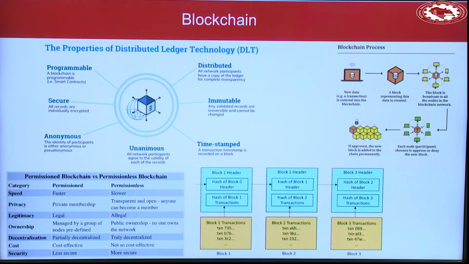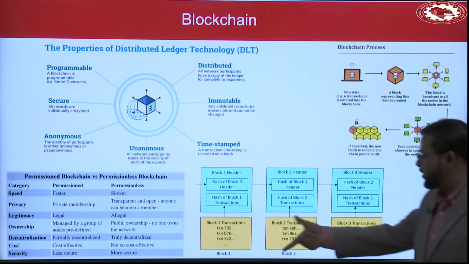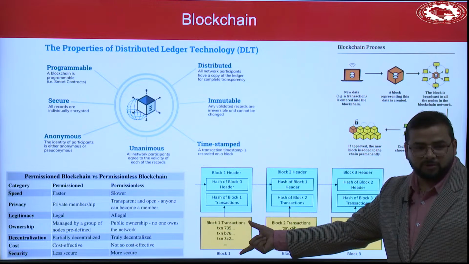Blockchain records everything, and it does not give control to one person. That's why it's a chain of blocks. Let's say I'm creating a block every hour. I will record how many transactions are being made in one hour. These are my blocks.